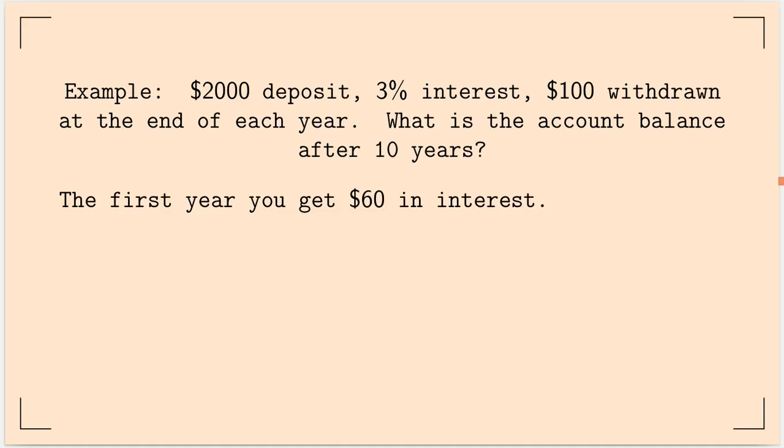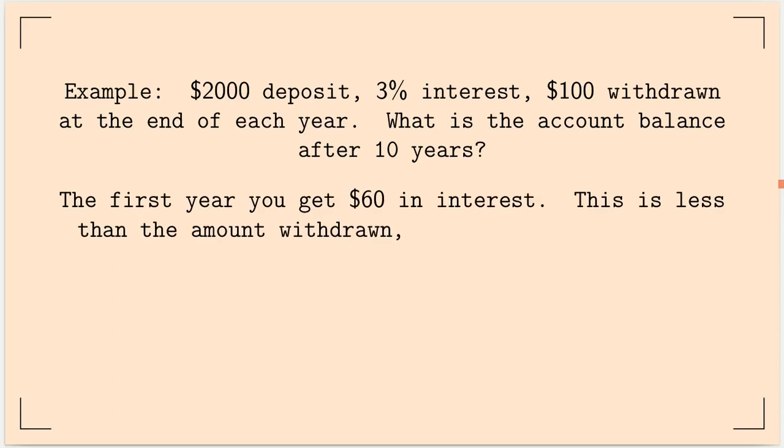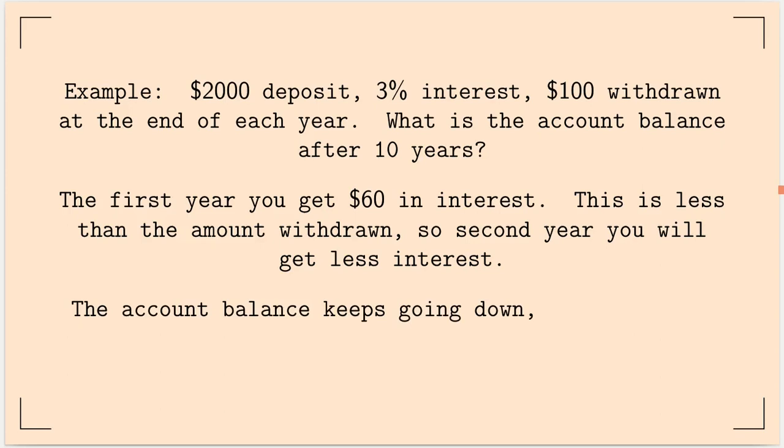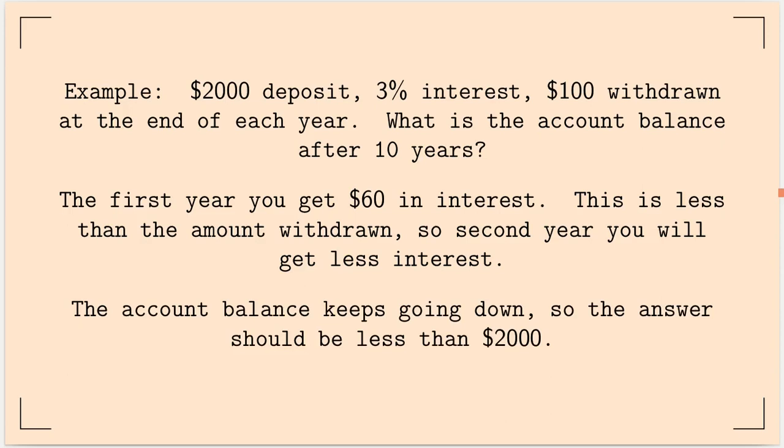That is 3% of $2,000. This is less than the amount withdrawn. So second year you will get less interest because there is less money in the account. Which means the account balance keeps going down, and we can conclude that answer should be less than $2,000.